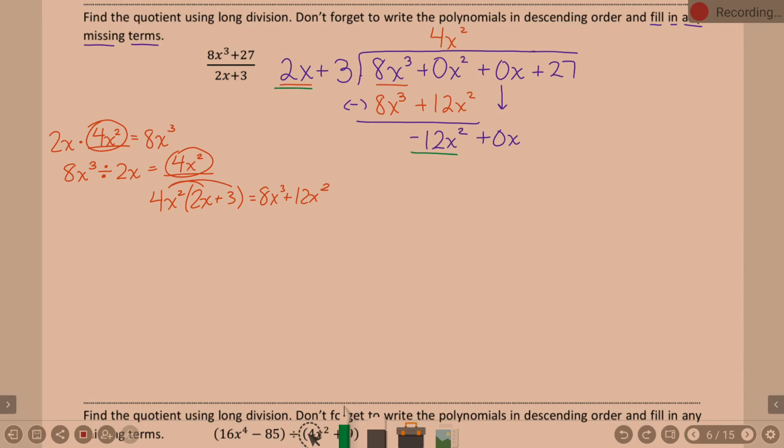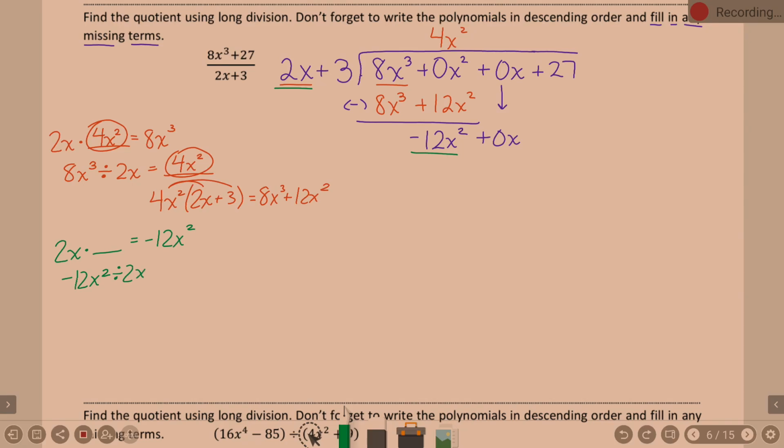Now it's 2x, and you're asking yourself, how does it go into negative 12x squared? So 2x times what is negative 12x squared? If your brain doesn't like that, negative 12x squared divided by 2x.